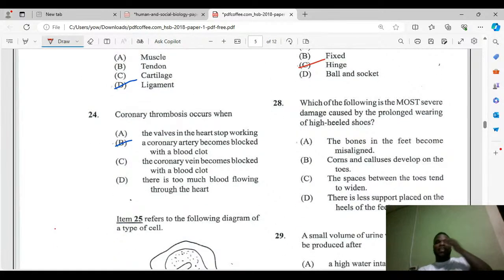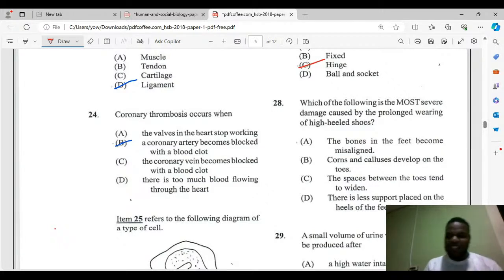Which of the following is the most severe damage caused by the prolonged wearing of high heel shoes? The bones in the feet become misaligned. Corns and calluses develop on the toes. The space between the toes tends to widen, and there is less support placed on the heels of the feet.